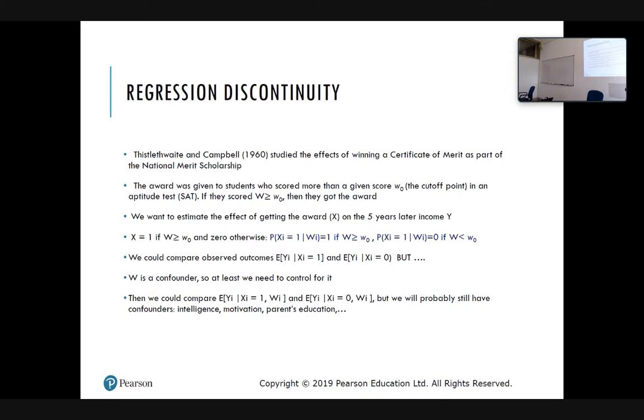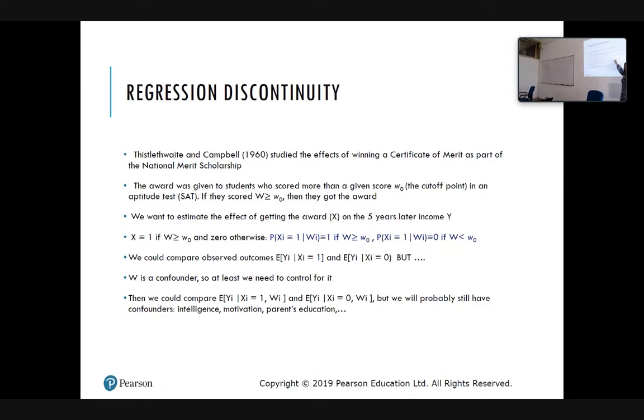Then one possibility, if we didn't know of this regression discontinuity, was to compare the conditional mean of the 5 years later income for those who actually are awarded with respect to the conditional mean of the 5 years later income of those who didn't actually get the award.